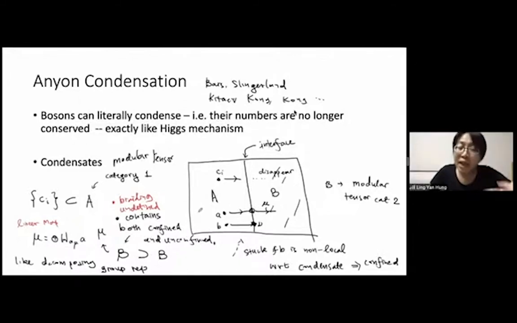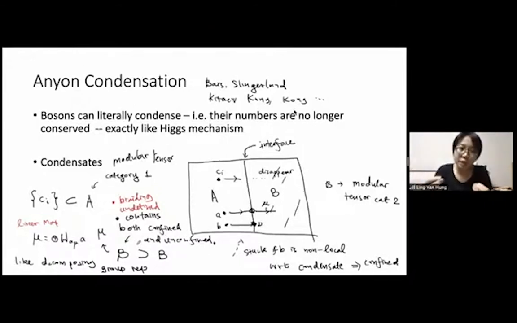But then there might be other anyons that have trivial statistics with the condensate. For those anyons, they would be able to move to B seamlessly, and so we can basically separate all the stuff in A into two parts. Either they're confined and they would be stuck at the interface, or they would run freely in phase B. So when C condenses, I would have a new set of objects.